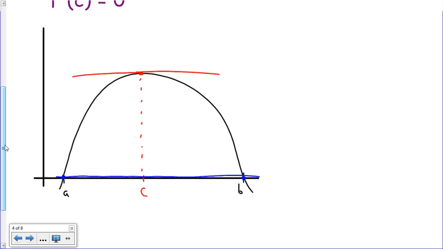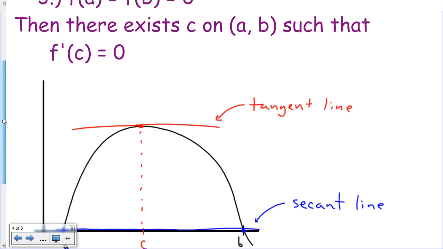So again, you could state the conclusion the same way: the slope of my tangent line, this here is my tangent line, is equal to the slope of my secant line. It just turns out that the slope of my secant line is 0 in this case. And so that's what Rolle's theorem says.